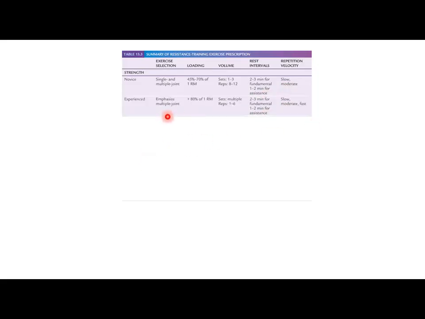Somebody who's experienced, you're going to get into multi-joint exercises with higher intensity, with lower volume range, and you're going to introduce some different speeds, different cadences within repetition velocity.